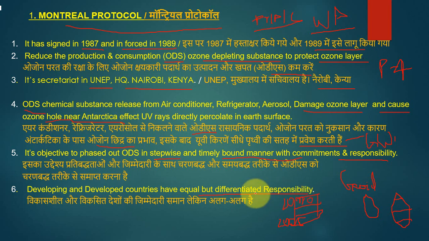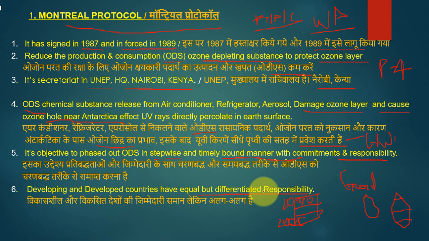It means differentiated responsibility. Here it means that developed countries, you are aware of, like the UK, US, the G7 group of countries, European countries, or developing countries like Brazil, India, China. Every country has to take the responsibility. They are responsible for that. So how can they control it? How can they do that?